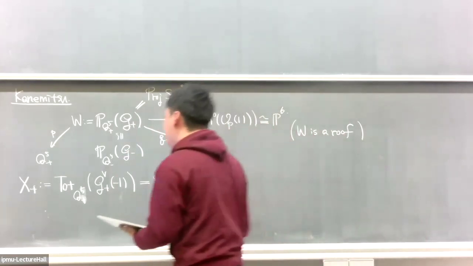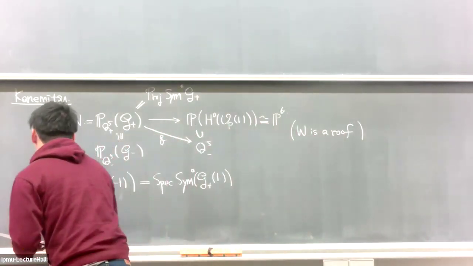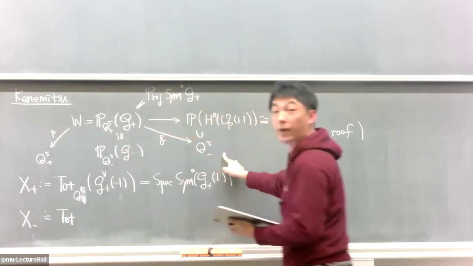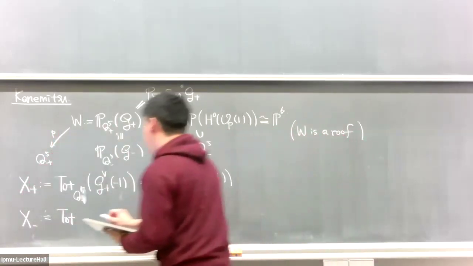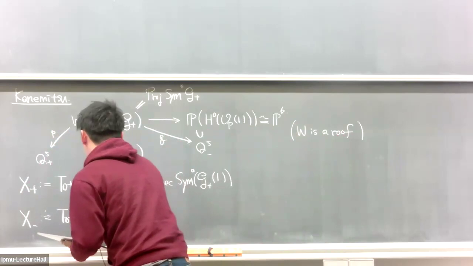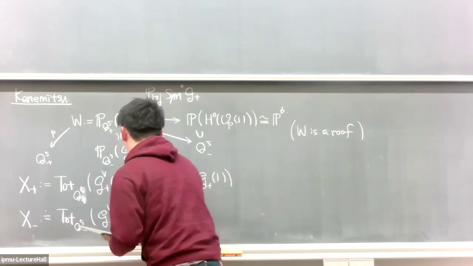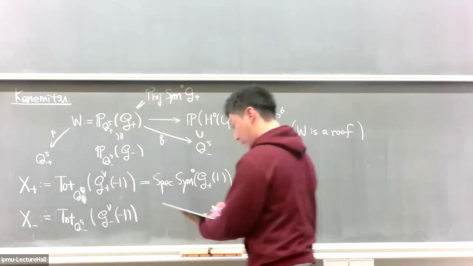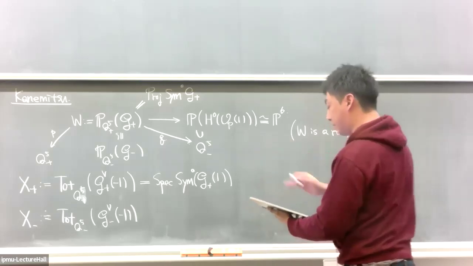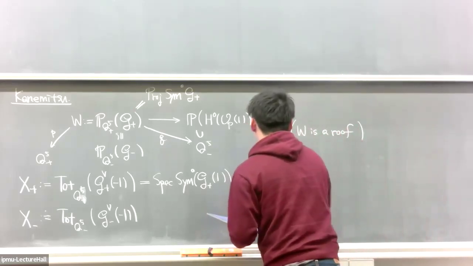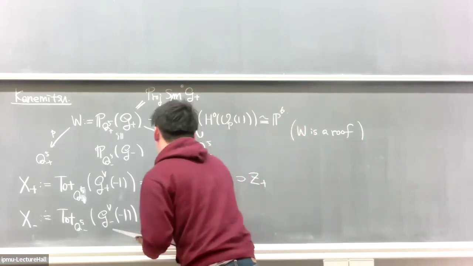And the other one is the corresponding total space for the other 5 points, so this is G minus 0 minus 1. And because they are total spaces, we have two canonical closed subvarieties.